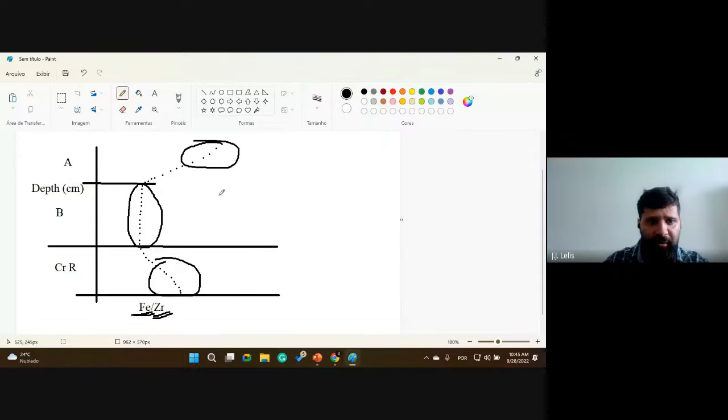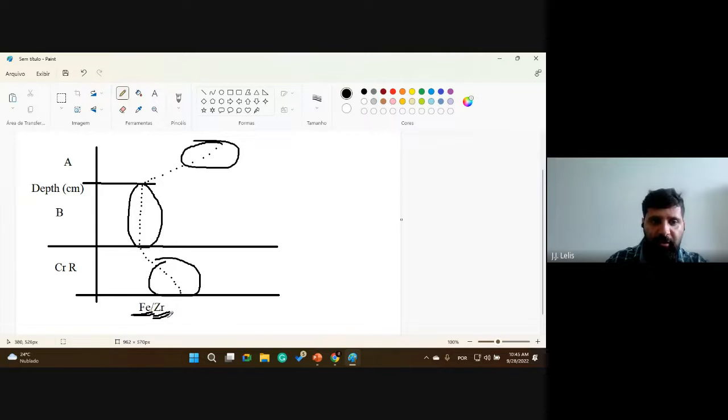Does everyone understand this graph, this picture? If you don't understand this and how the chemical composition helps us to know that these horizons suffered glaciation in the past, please let me know, okay? It's quite important to understand that.